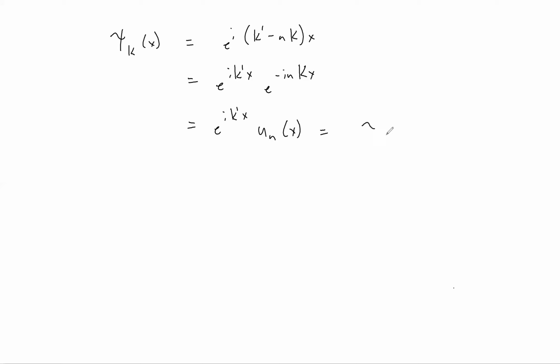So we'll call this psi n k prime of x. So this is another Bloch wave function. This is a perfectly valid Bloch wave function. You see I've chosen the wave vector k prime to lie in the first Brillouin zone. Here's a function which is periodic in the lattice itself. It's a slightly different function than what we picked before. Okay, so the point of this is that we can always choose the wave vector k prime to lie in the first Brillouin zone. And how we do that involves using this extra quantum number n here. So let's look at the energies.